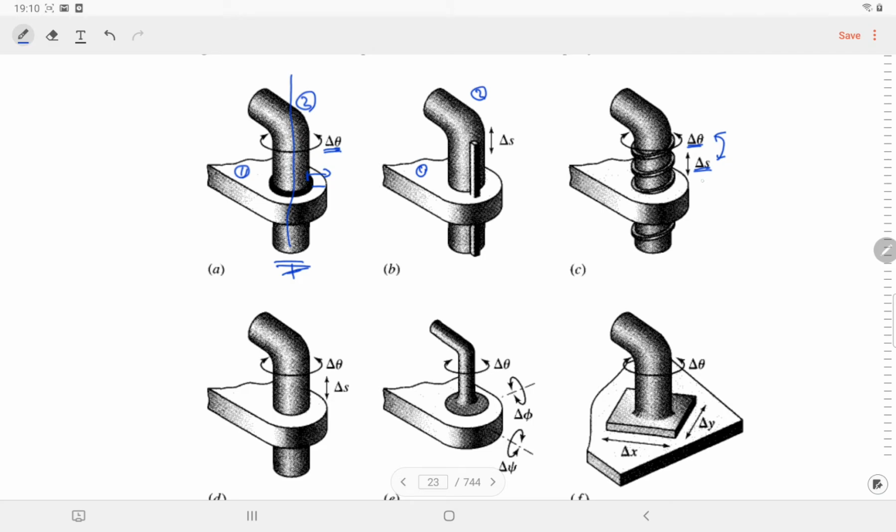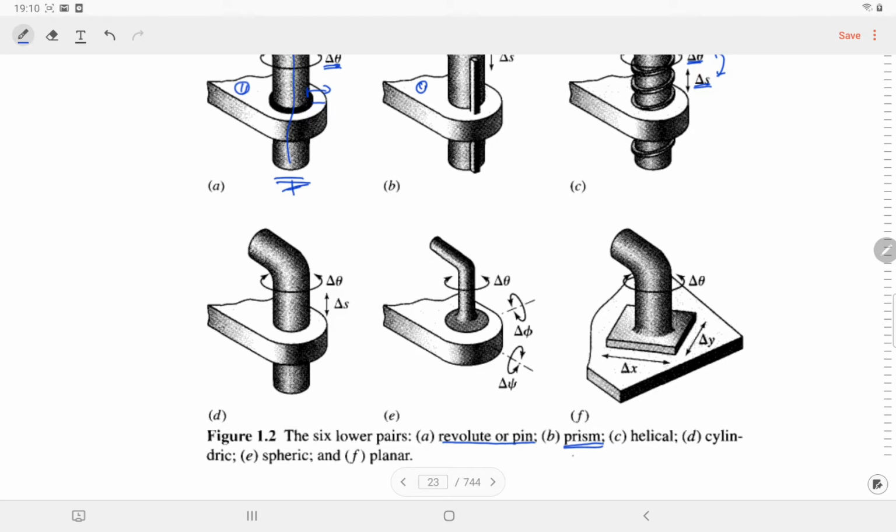Such a pair is known as screw pair. And for this one, if there is no such thread in this body, then you can independently change theta as well as s, and such a pair is known as cylindrical pair.